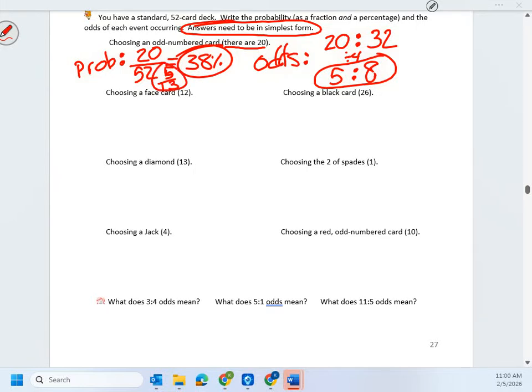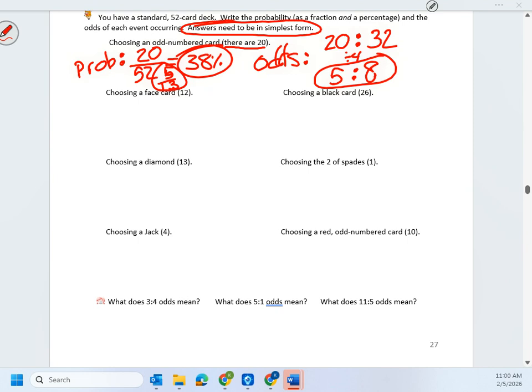We could divide that scale factor of 4 out of both the top and the bottom. So 5/13 is our fraction simplified, which is 38%. Our odds simplified is 5 to 8. So if we look at that, successful is 5, total is 13, 5 plus 8 is 13.